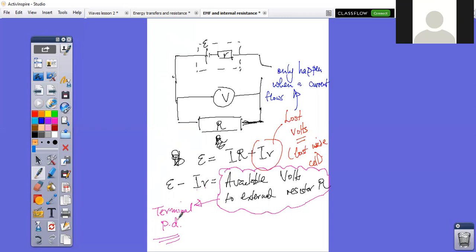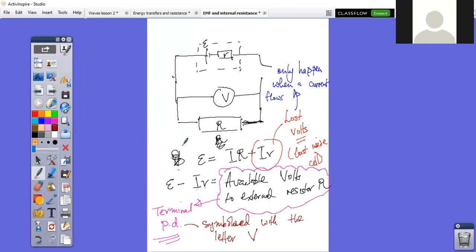So we can rewrite this terminal PD, which is symbolized with the letter V, because it is the PD that you will measure on your voltmeter when there's a current flowing.